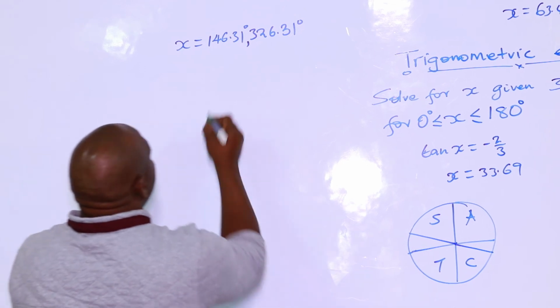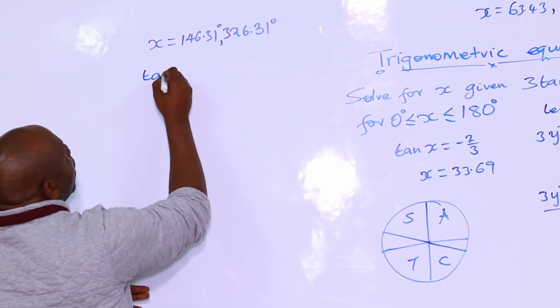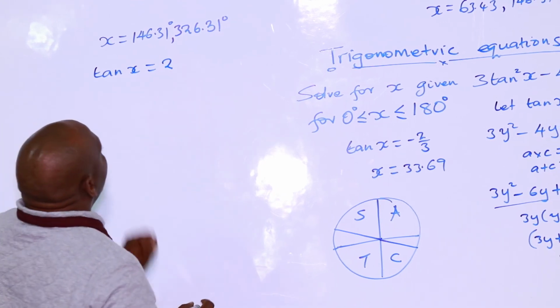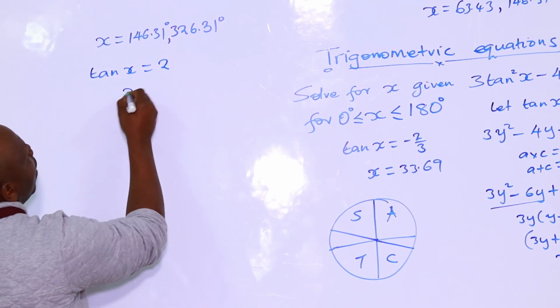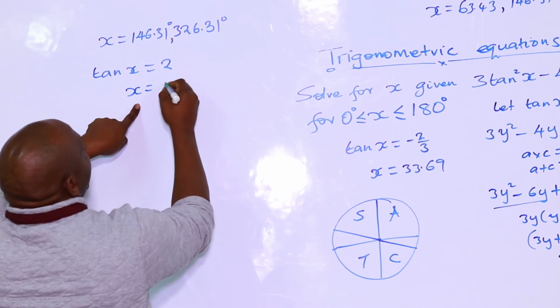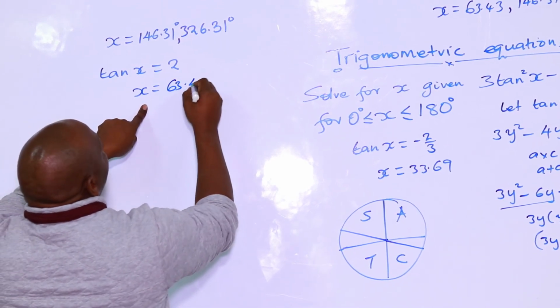Then we are saying tan of x equals 2. Tan inverse of 2 will give us x equals 63.43.